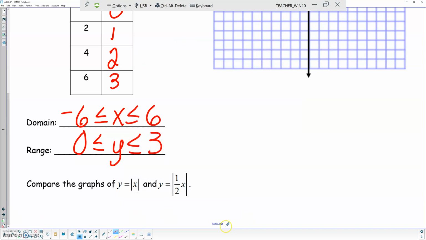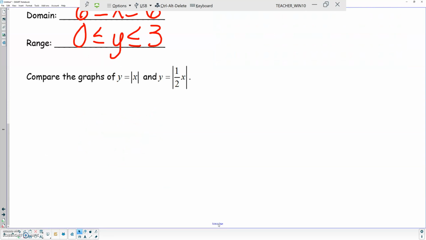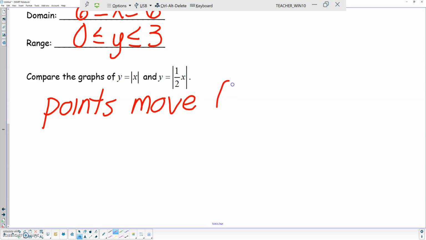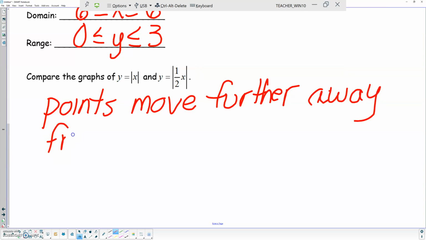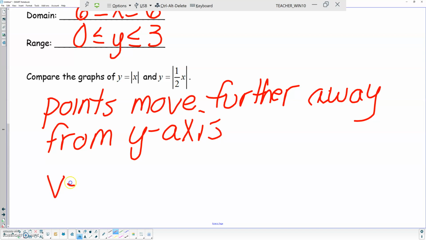So when we compare these graphs, we're going to say that the points move further away from the y-axis. All right, and again, the name given for this transformation is a vertical compression.